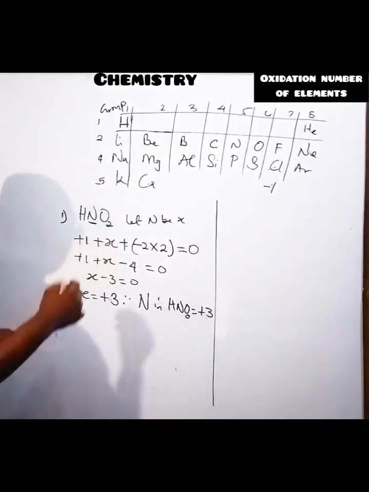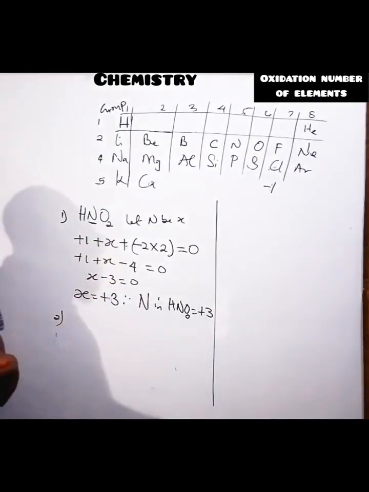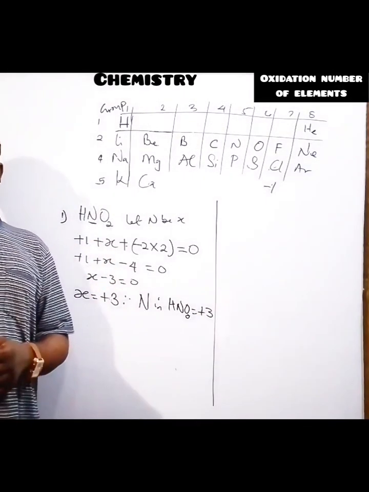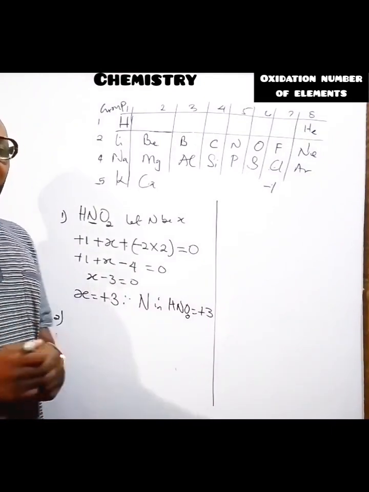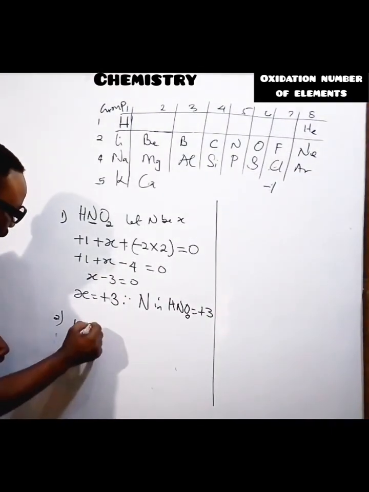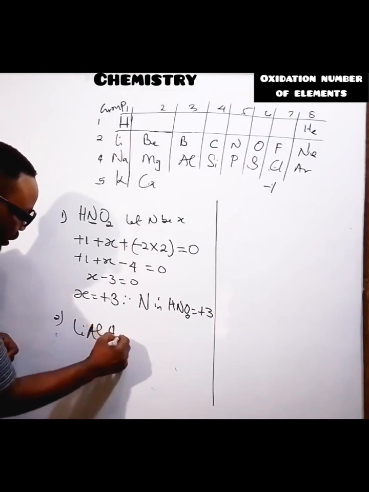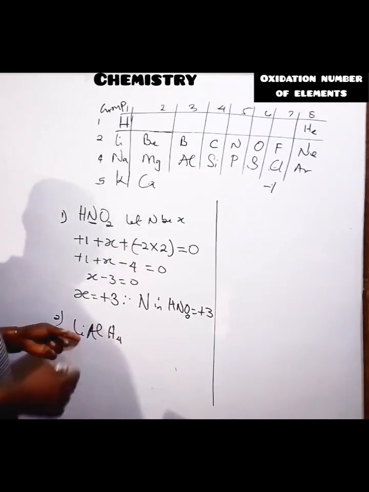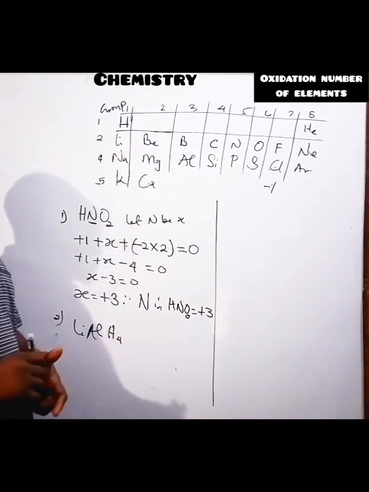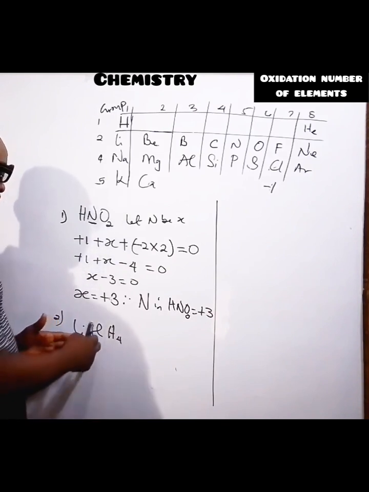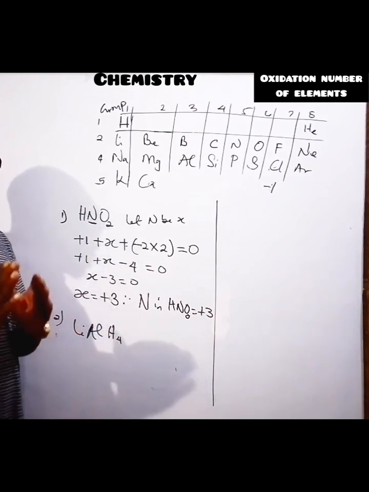Now, the second question says that we should find the oxidation number of aluminium in LiAlH4. We are asked to find the oxidation number of aluminium. In this case, you have to consider two facts.